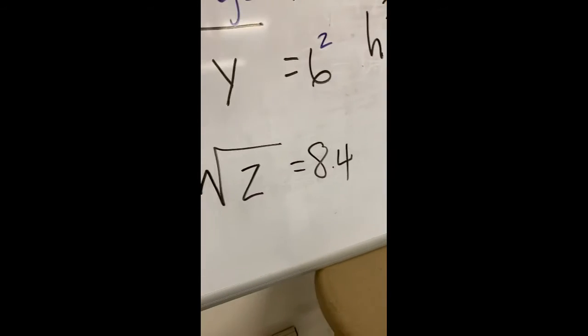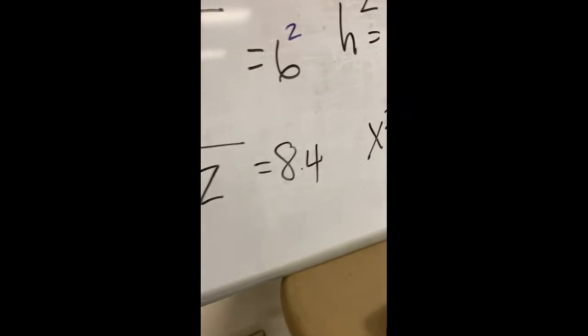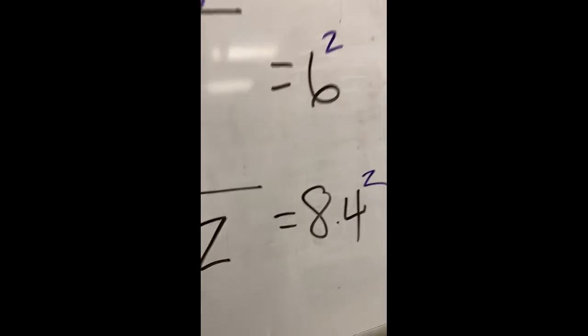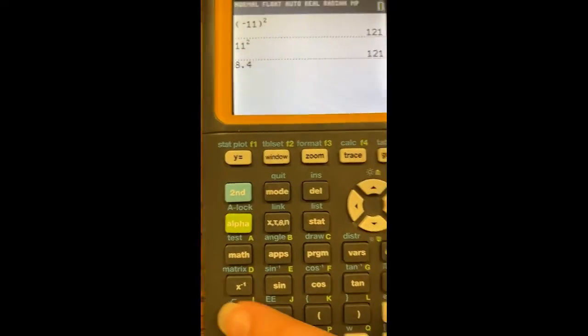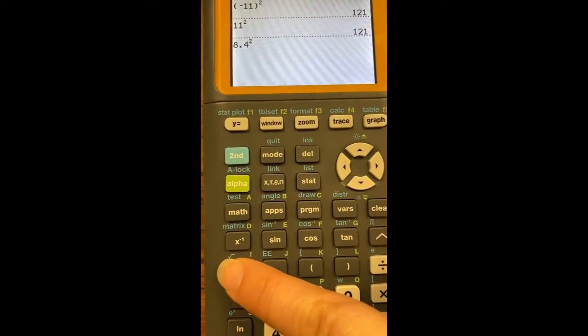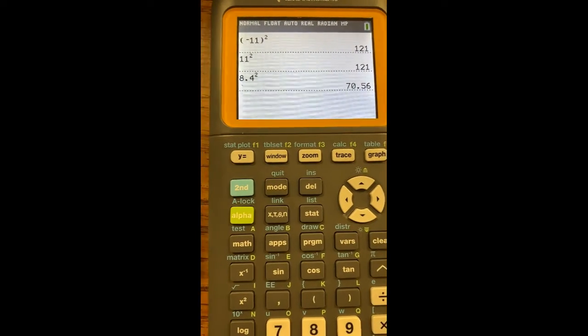All right, so let's go do this one. We got the square root of z is equal to 8.4. So we know that if we square this in our calculator, we should get the answer. So 8.4 squared, I'm going to hit my square button, enter. I got 70.56.